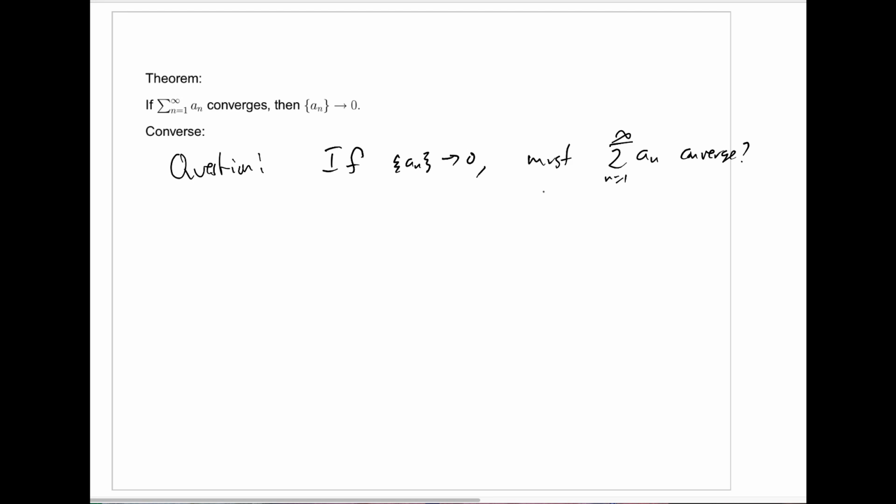We know if the series converges, the sequence has to have limit 0, but does the implication hold the other way around? That's called the converse of the original implication. And the answer is no. And it's very important to understand why this answer is no.